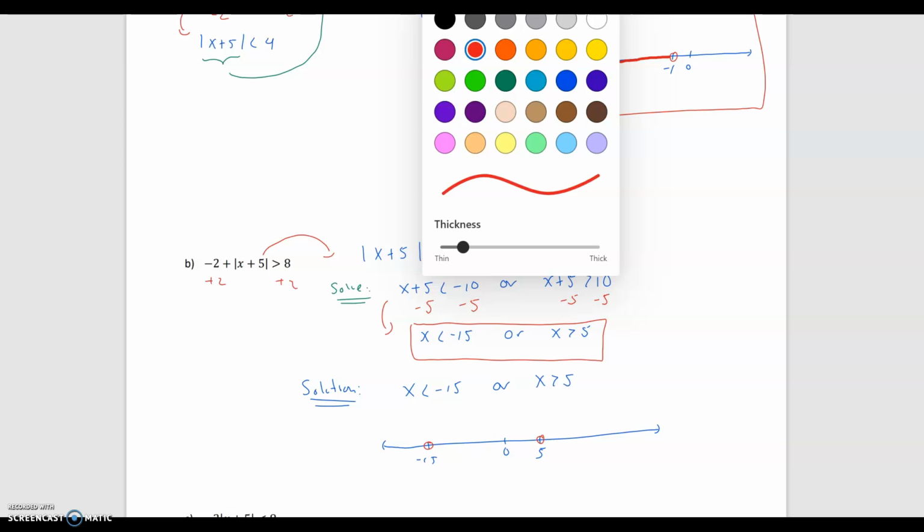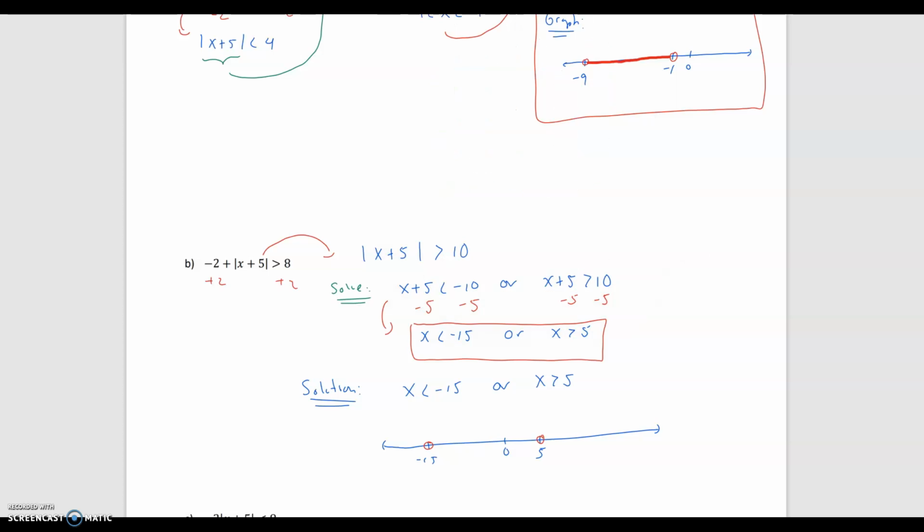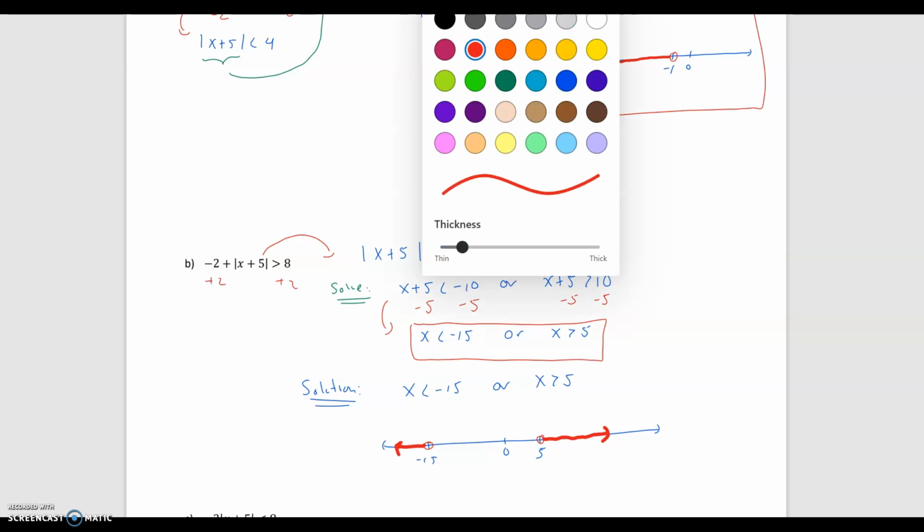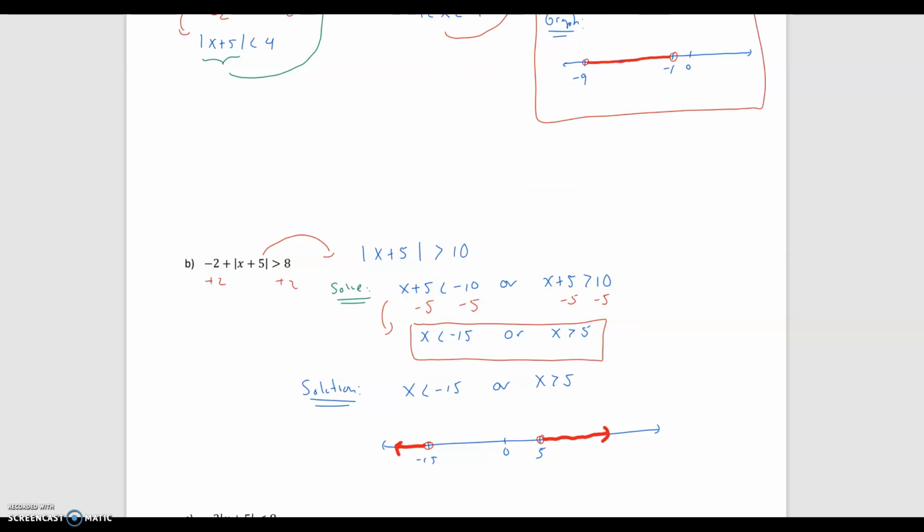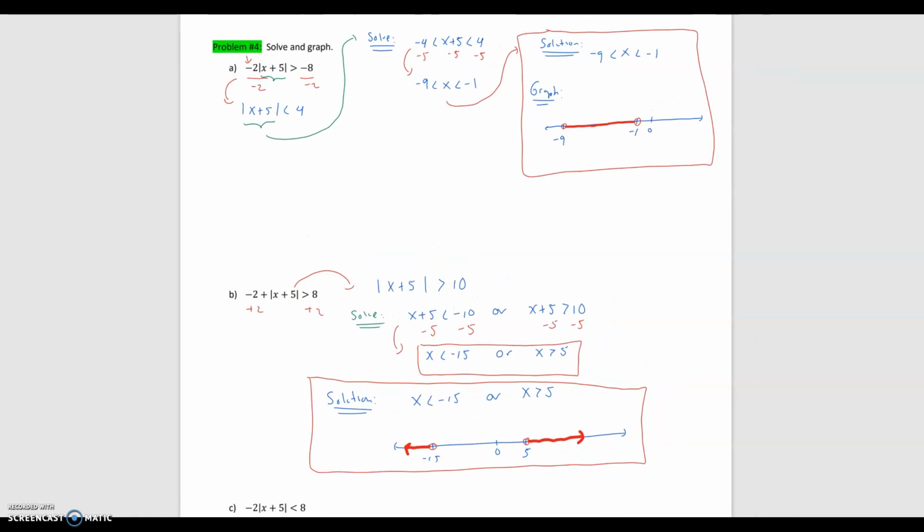Also, we're talking about a distance. So we end up with x is greater than 5, all the values to the right, and x is less than negative 15, all the values to the left. And let me just box in our final answer. That's it for A and B. Let me just check again. Adding the 2 will give us a 10, less than negative 10, greater than 5. And that's it for B.